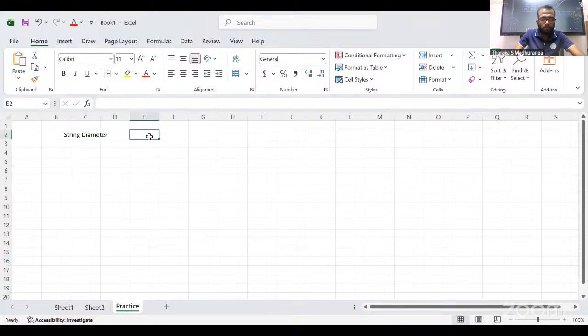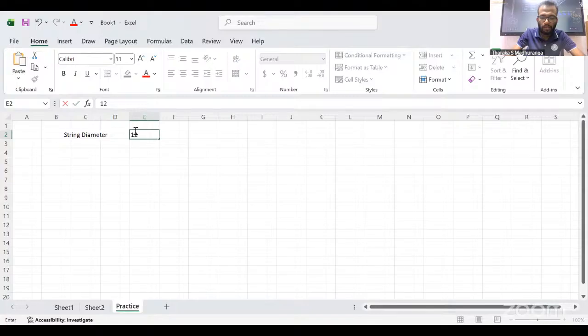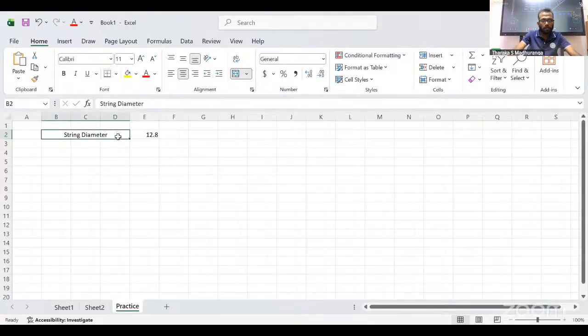Then you can type the value of the string diameter, which was 12.8. Better to add the unit as well, millimeter.